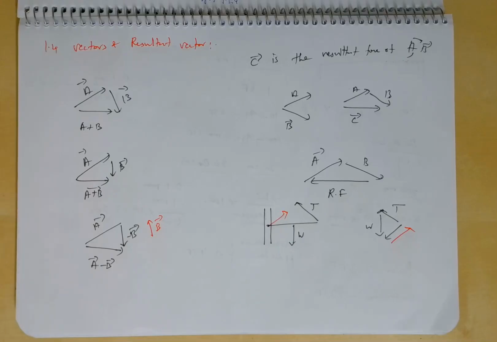But if you are looking at equilibrium, what force or what velocity should be given so that the system is in equilibrium, you are finding the exactly opposite vector to the resultant vector. That's why if you know the magnitude, you can work with the magnitude.